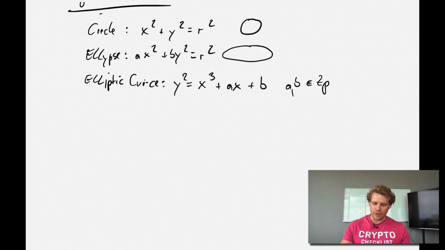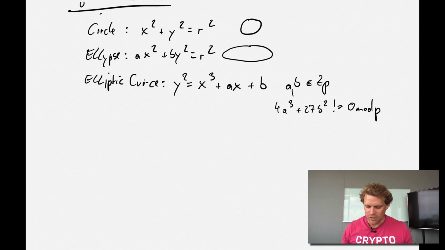And there's an additional condition that 4a cubed plus 27b squared is not allowed to be 0 mod p. So we have this mod p function as always. The expression must not be equal to 0. This is just a small side note.